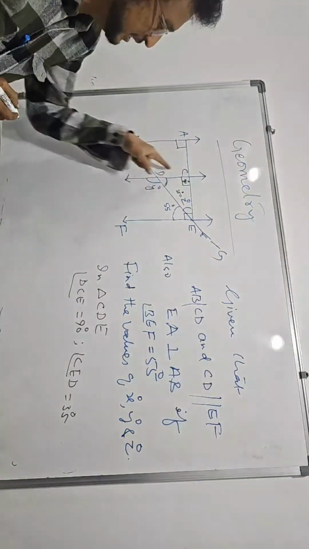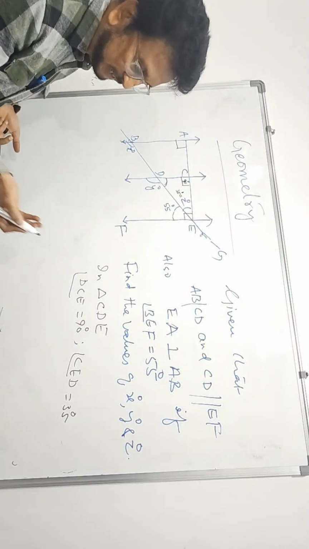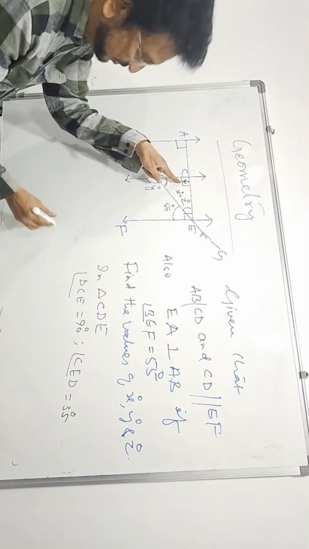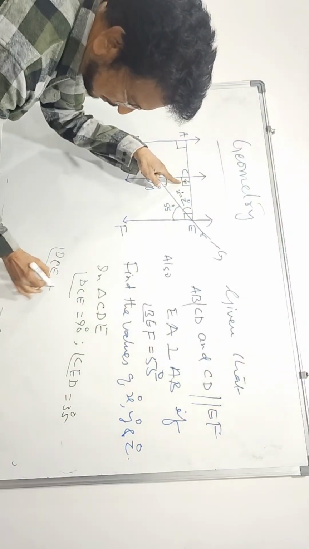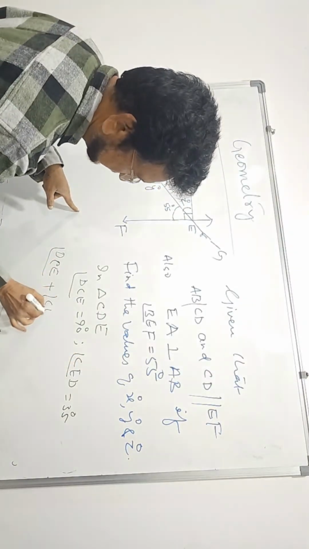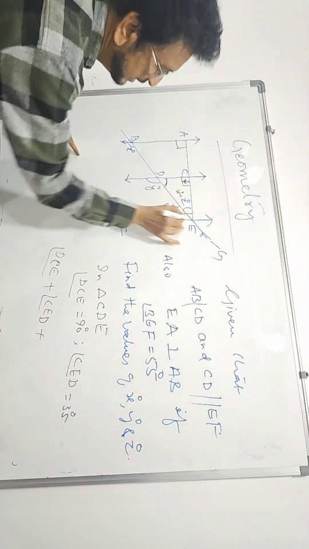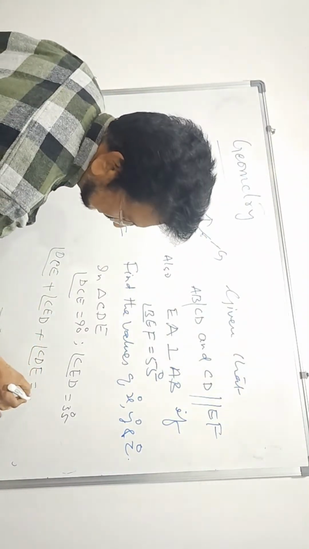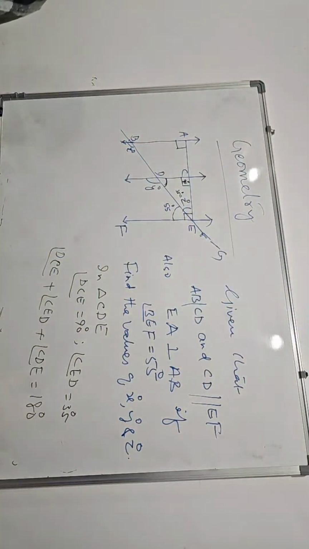This angle, CDE, is how much? Sum of three angles in a triangle is always 180. We shall do the same. This angle BCE plus this angle CED and the third angle CDE, all these three angles, their sum must be equal to 180, because in a triangle the sum of three interior angles is equal to 180 degree.